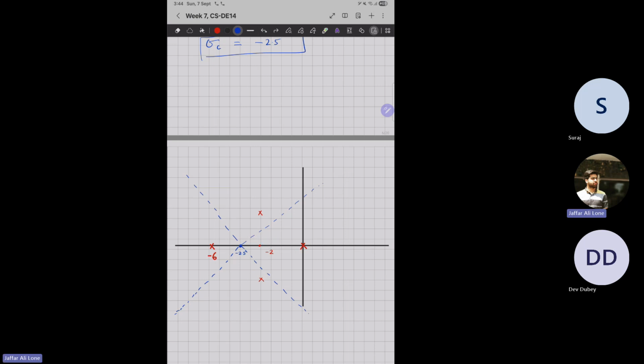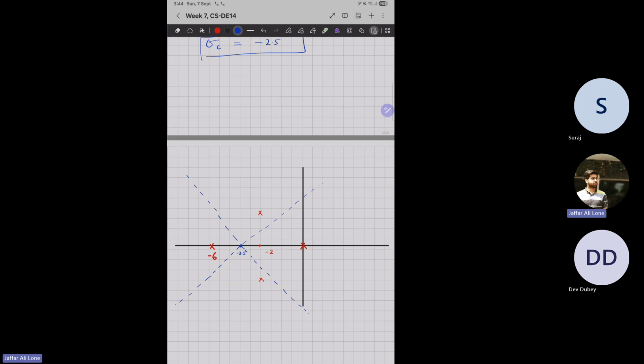So I hope you understand this. So these are my asymptotes. They should be straight, so okay, let me make them a bit straighter. Okay, so these are my asymptotes. Now we will see which is the valid part of root locus.